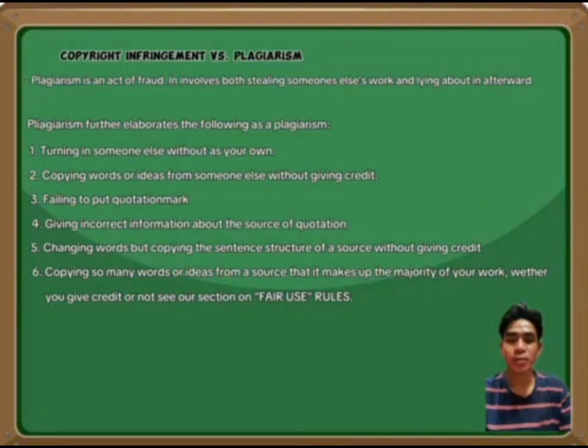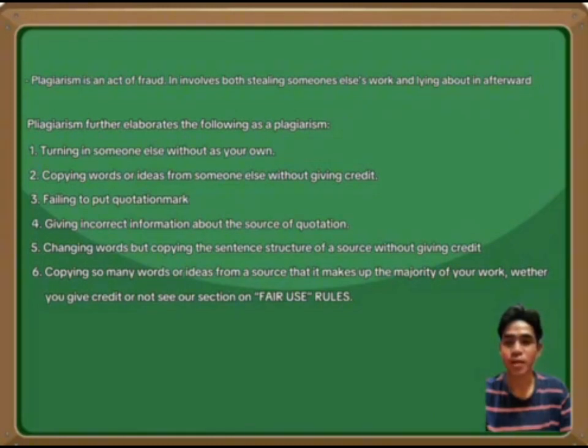Copyright infringement versus plagiarism. Plagiarism is an act of fraud and involves both stealing someone else's work and lying about it afterwards. The following are considered plagiarism. Number 1 is turning in someone else's work as your own. Number 2 is copying words or ideas from someone else without giving credit.